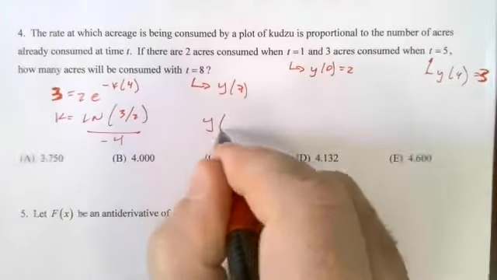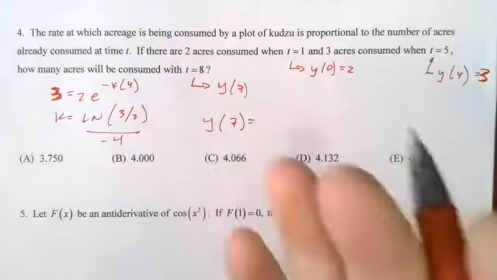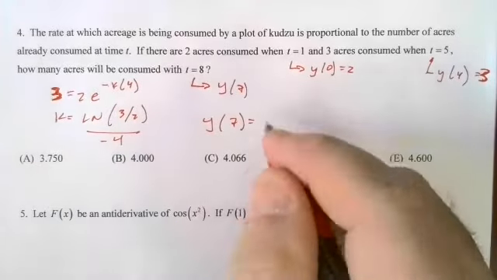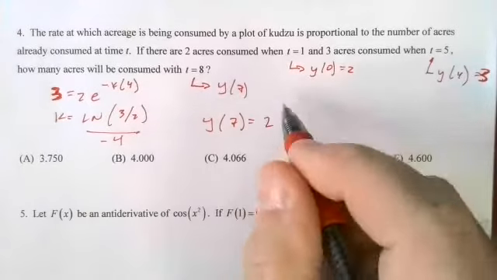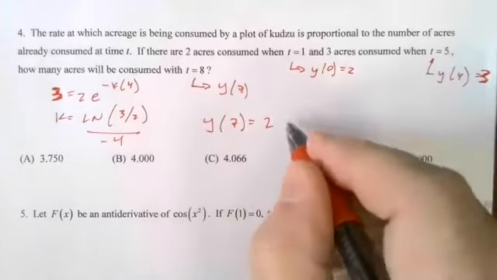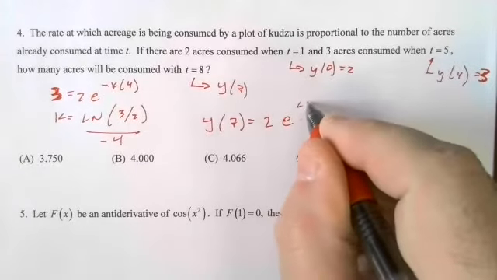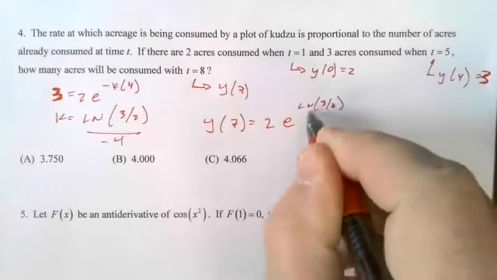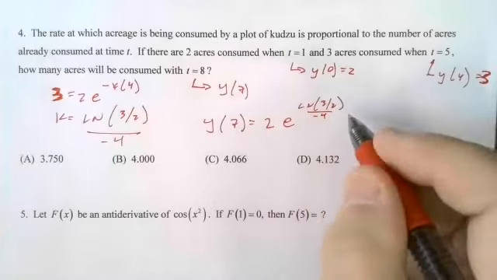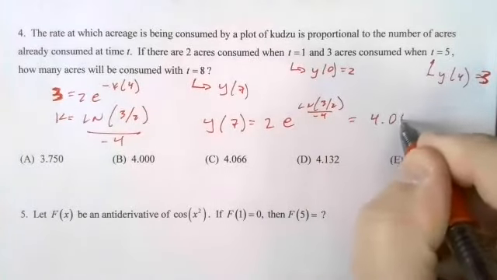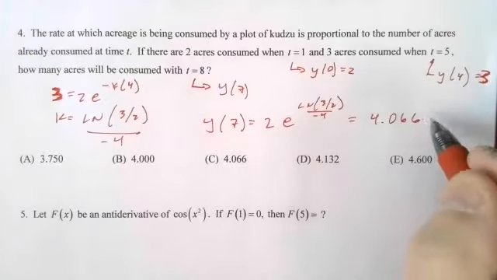So then we want to know what's going on at 7. By the way, it's not the only way to do this, of course. So it is 2 times e to the ln of 3 over 2, over negative 4, times the time. And you should get 4.066 acres.